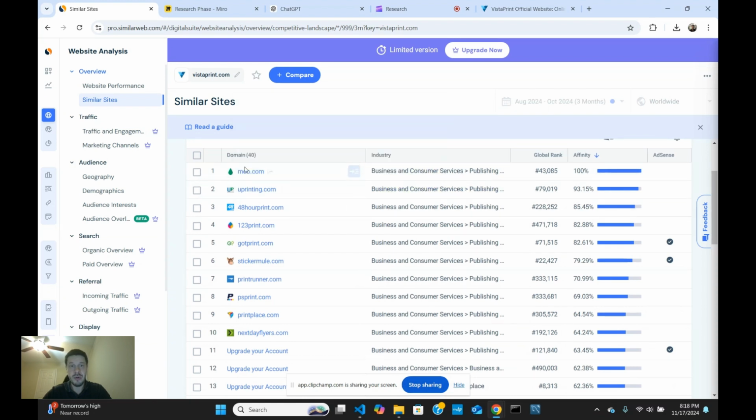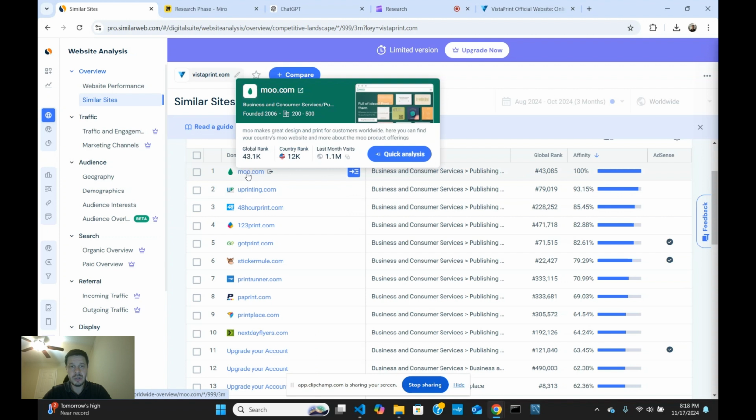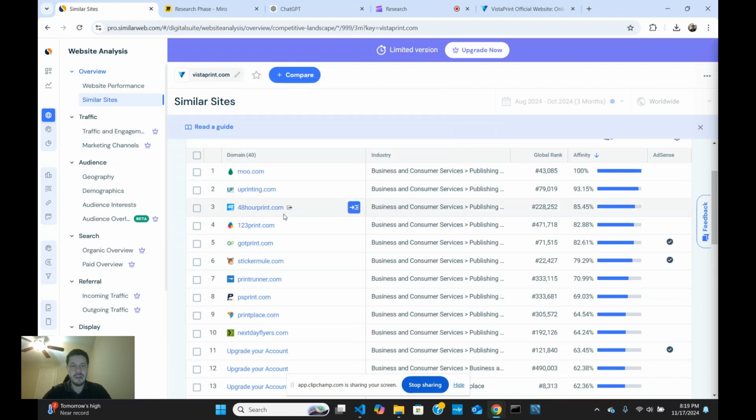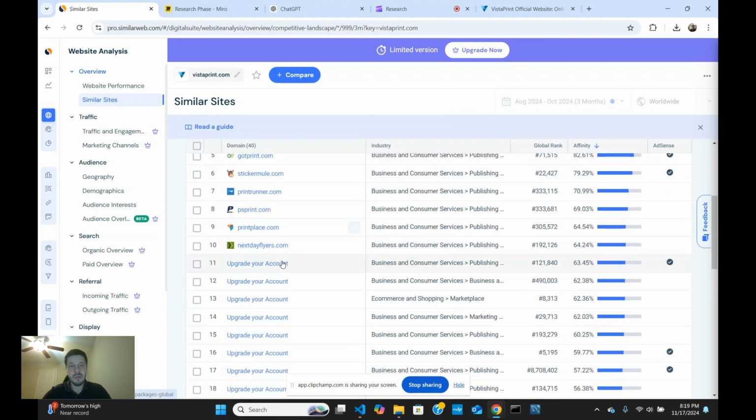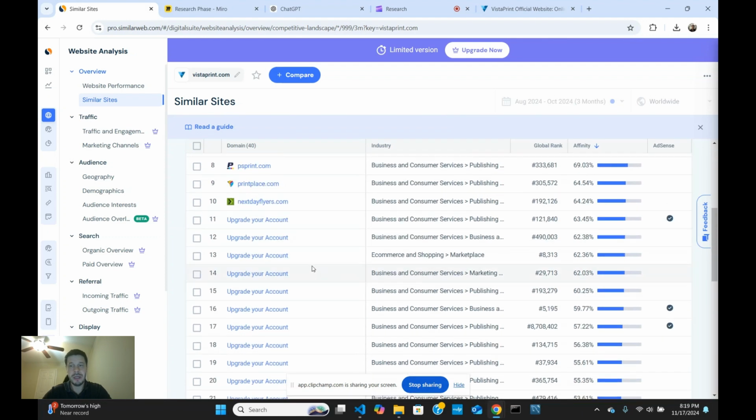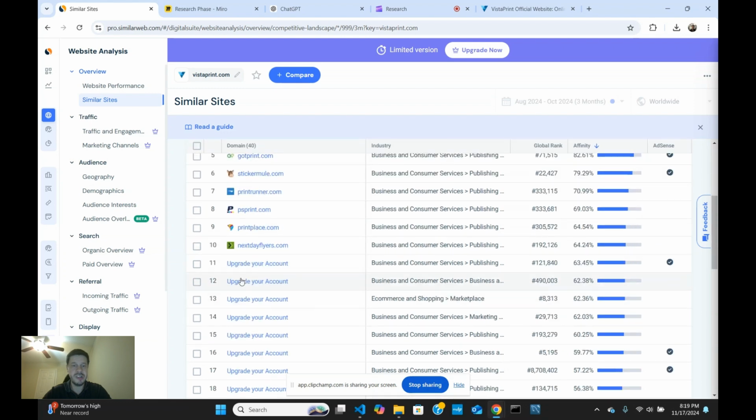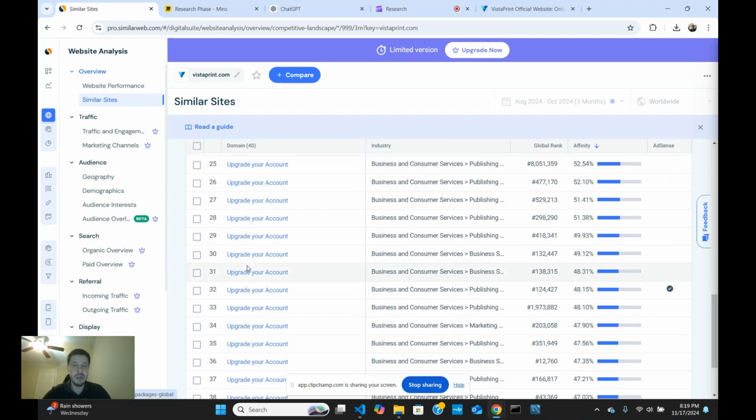I can see right away that Moo.com is one of the potential key competitors. It shows here that it makes great design and print for customers worldwide. You can find your country's Moo website and more about the Moo product offerings. All right, so now I have an idea of the potential competitors, the top 10. Of course, I need to upgrade my account if I want to see more.